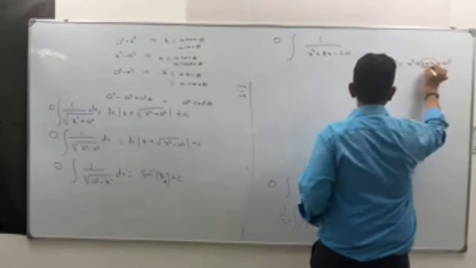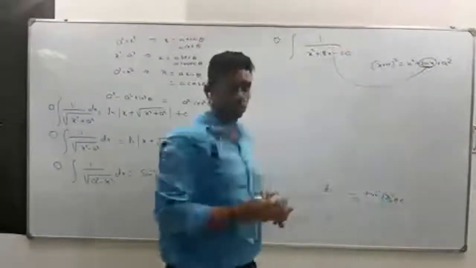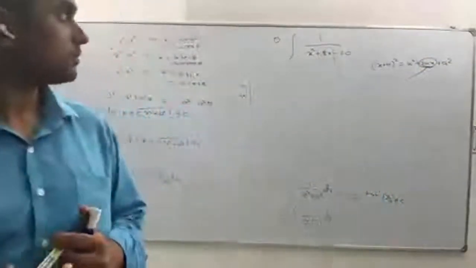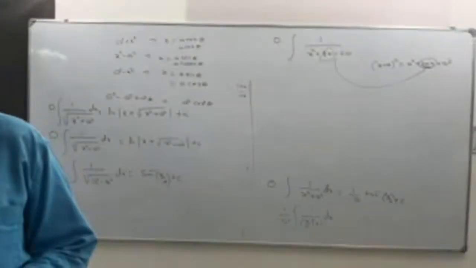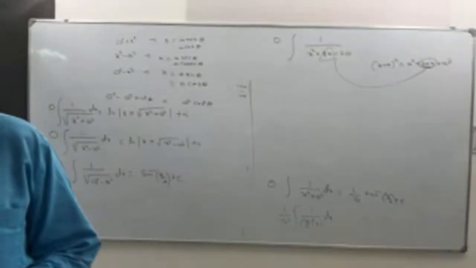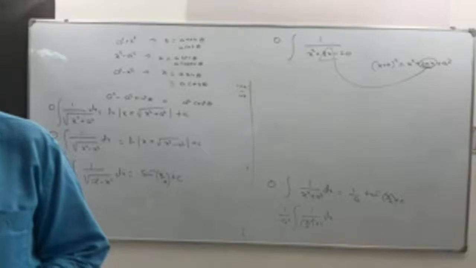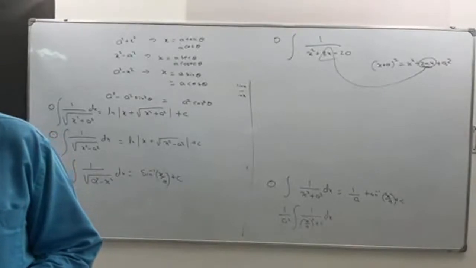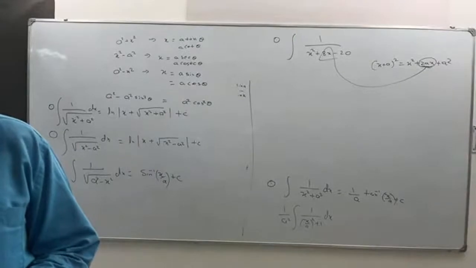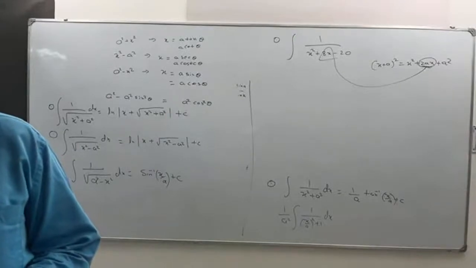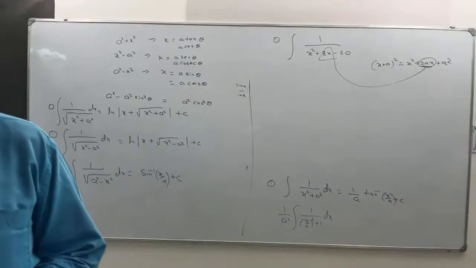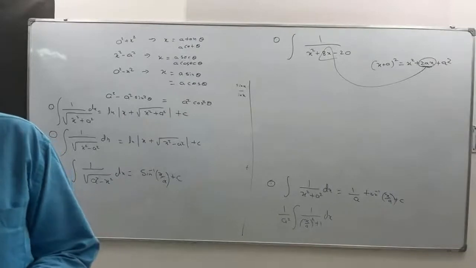So this 2ax, this thing you have to match. That's 4 square. You are adding a 16, so you have to subtract a 16. That will be minus 36.